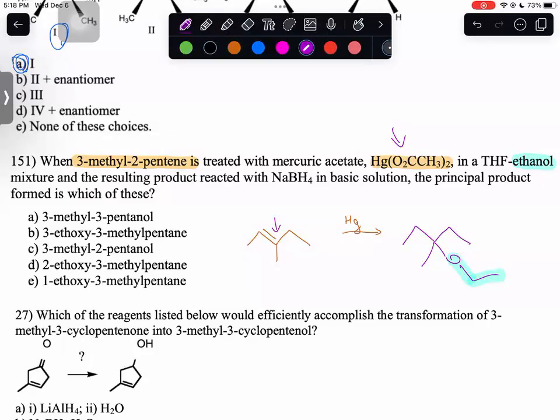In this case, you guys were almost correct, but you have to be careful with the solvent again. Oxymercuration-demercuration, depending on what kind of solvent you have, you can either create an alcohol group or an ether.